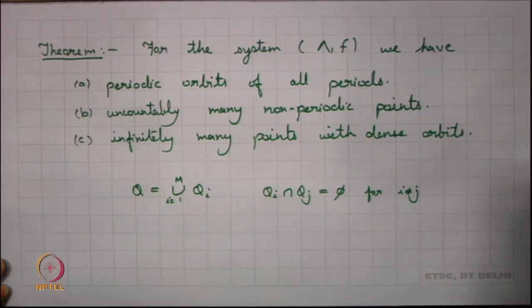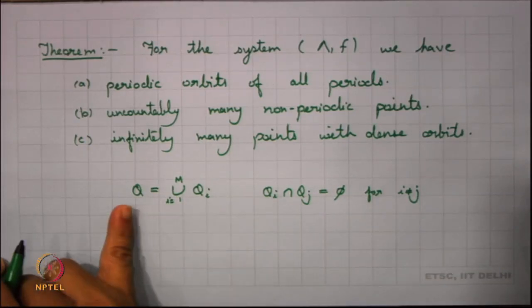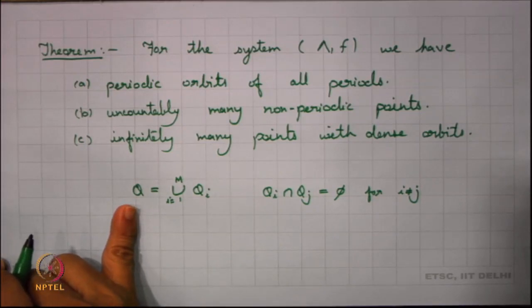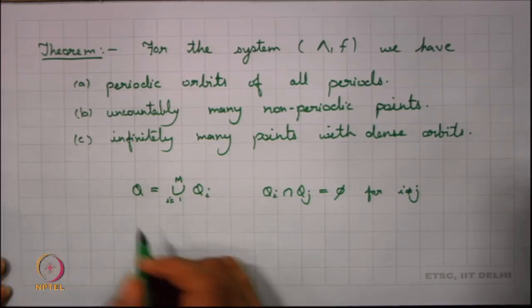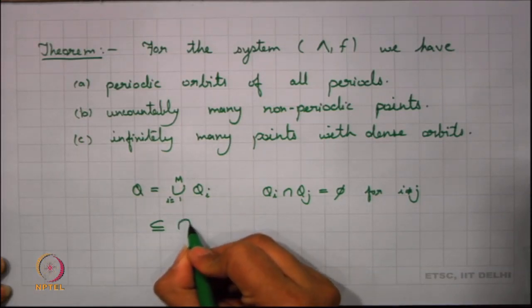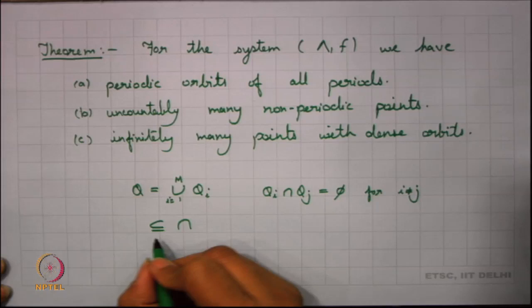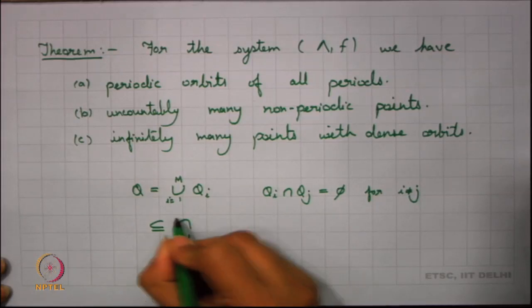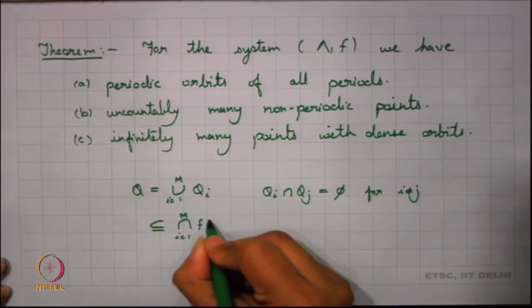So, these are pairwise disjoint, and Q is contained in the intersection over i going from 1 to m of f of Qi.